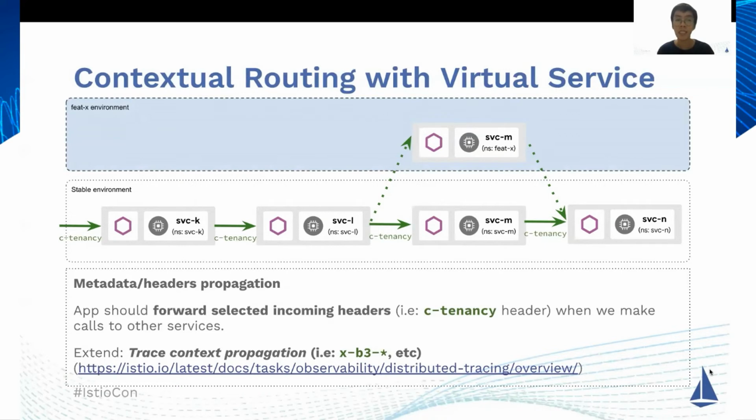Here, we extend the trace context propagation, which Istio also mentions in their documentation, to forward certain headers. In this case, for the trace context, it is the XB3 headers and a few other tracing headers as well. So if we have that capability, we can probably also do the same for the C tenancy header.